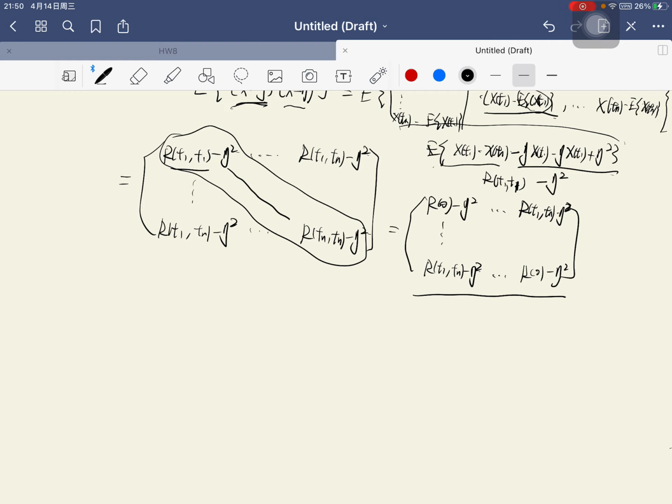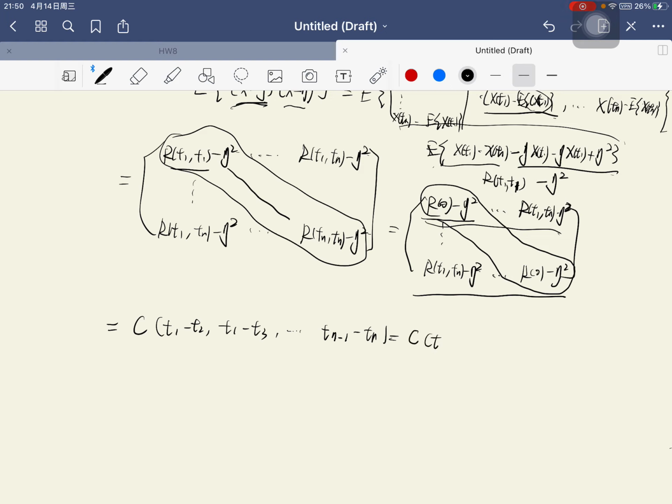So this matrix we could write as the covariance of ti minus tj, for any i not equal to j, with i and j from 1 to n, and we could write it like this.